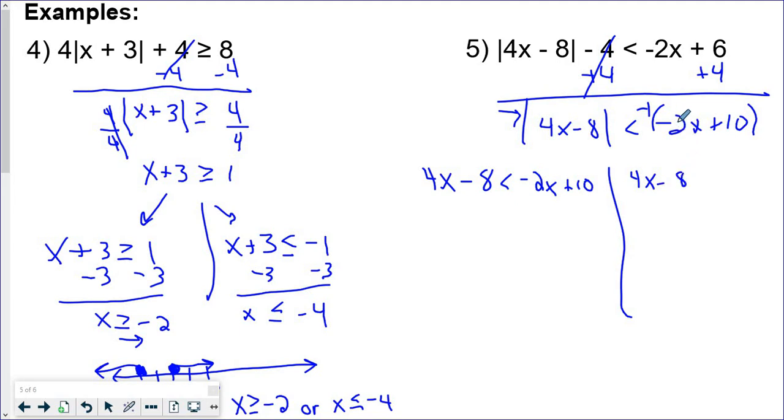So, as I mentioned earlier, if you have a mismatch like this, it will change both of them. It will become positive 2x and then negative 10 because it's the opposite of the entire quantity. But now this will also change, and that's the thing that kids forget all the time. You've got to change the inequality because the opposite of less than is greater.